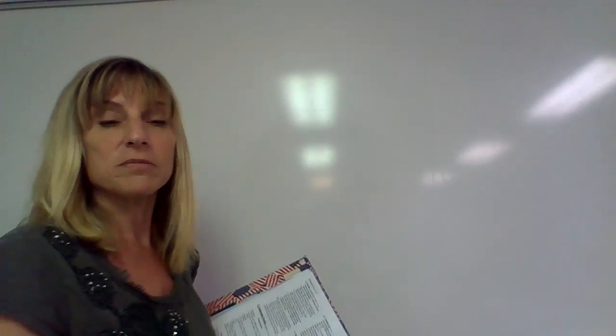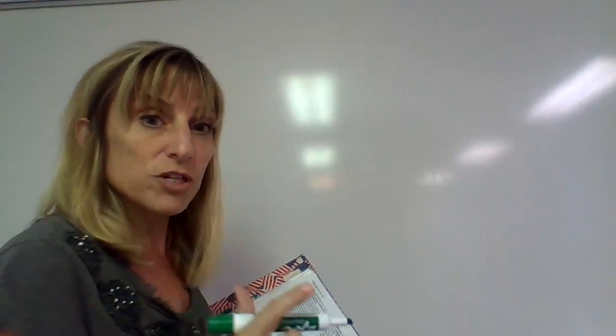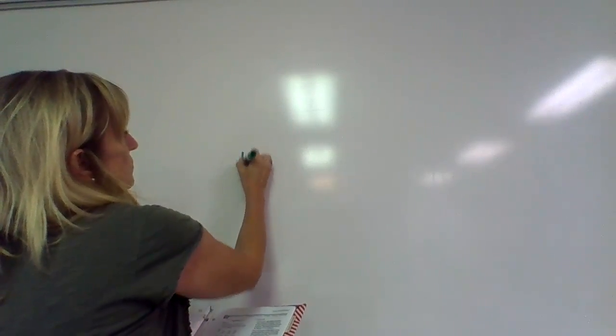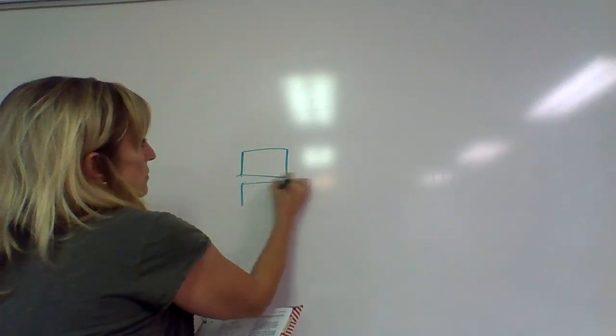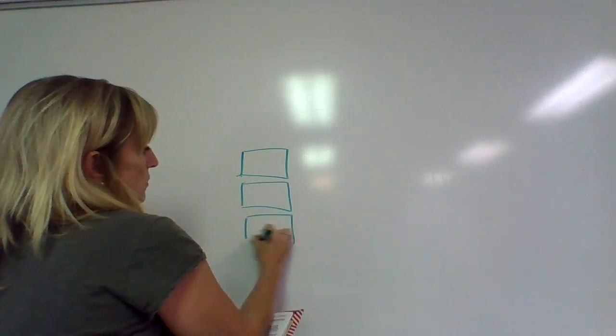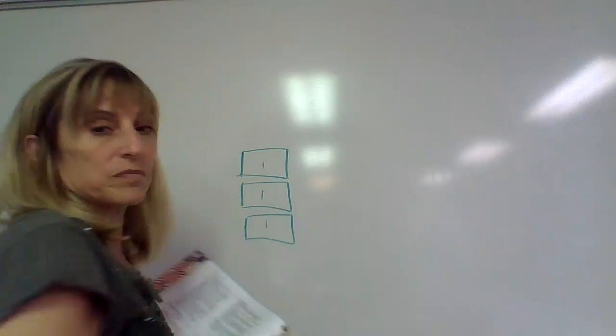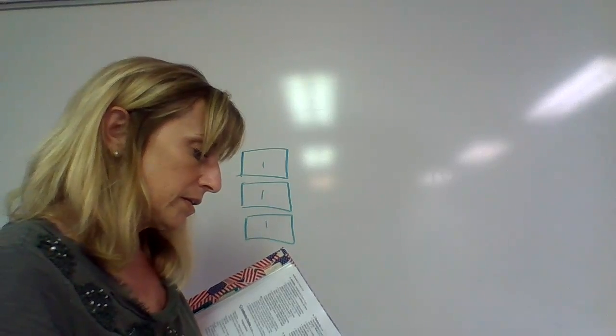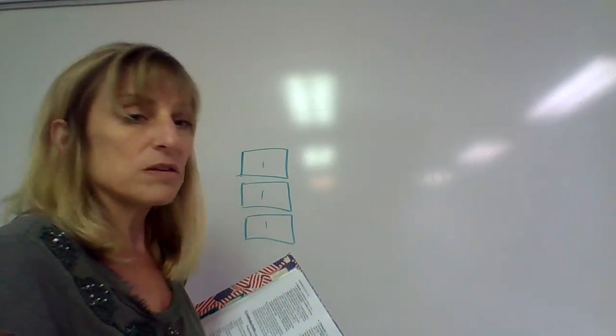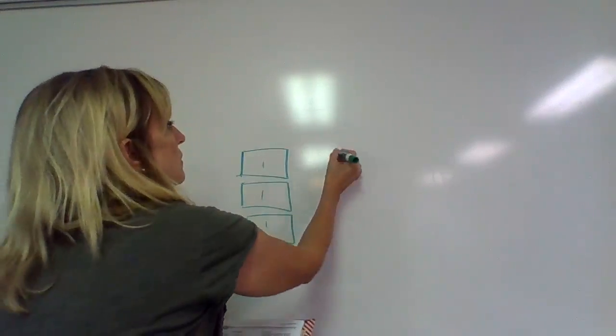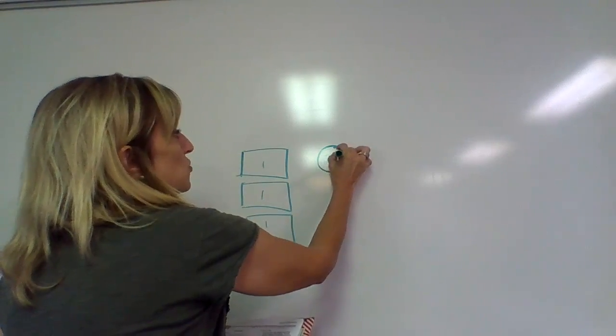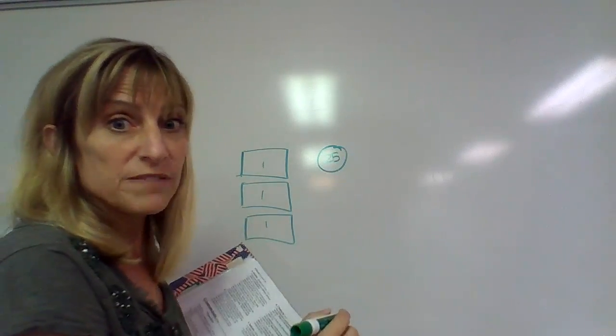Okay, and the story problem said that Eric spent 3 $1 bills, okay? And he also spent 3 quarters. Each quarter is worth 25.